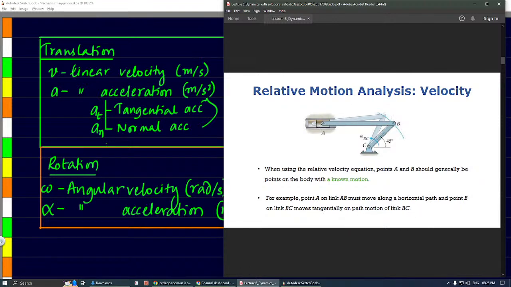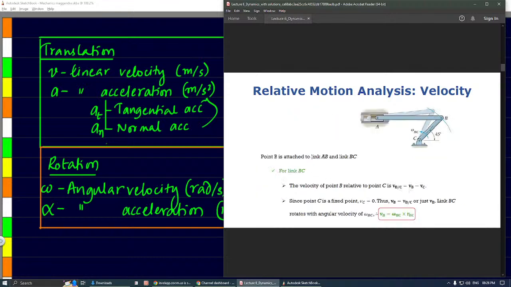So for both A and B, the motion is well defined. A will always move in the horizontal direction and B will always move in an arc. The motion of those two is defined. That's what he's telling.